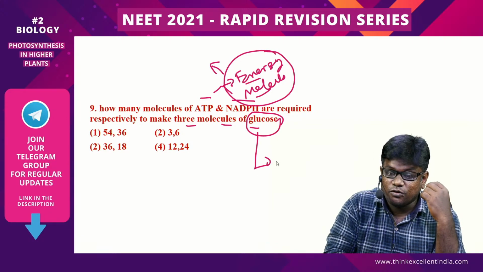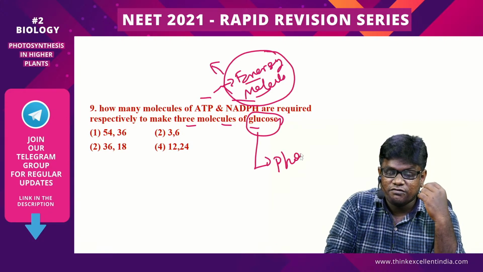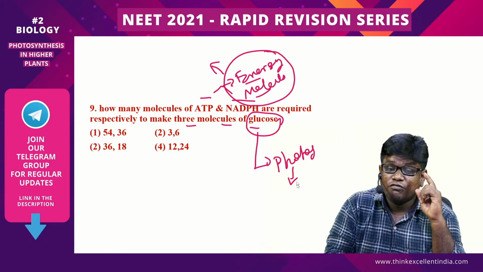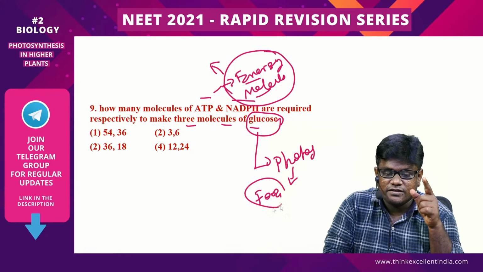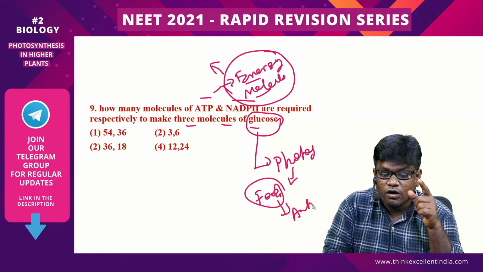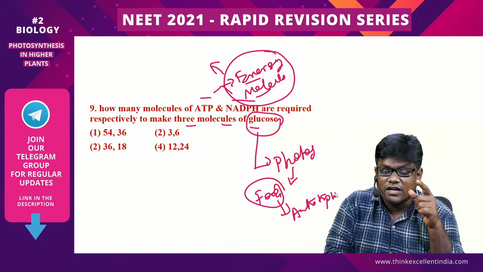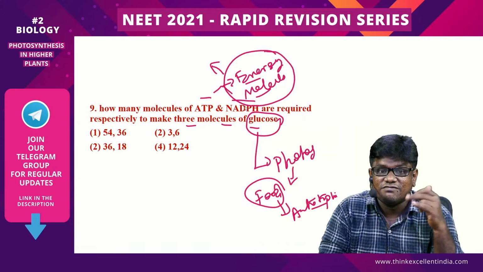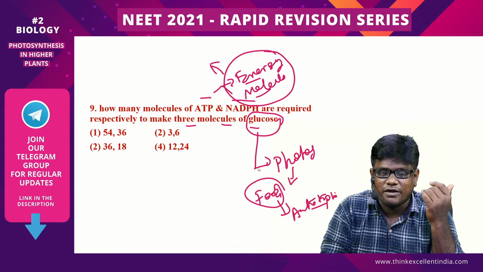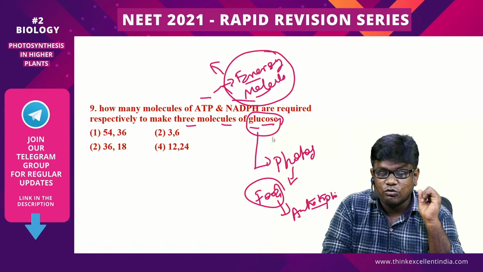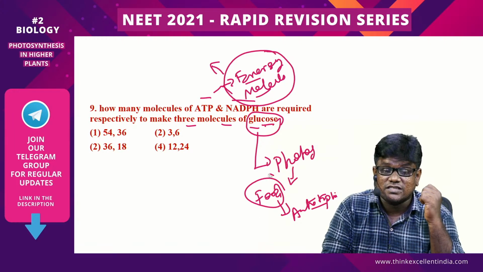Why do they create glucose? The plants are doing the photosynthesis process so they can get food out of it, because they belong to autotrophs. You have to analyze all this information when you see a question. As soon as you see the question, all this process should come into your mind. Only then does it mean you have prepared well. The molecules of glucose will be created in the photosynthesis process, considered as food.